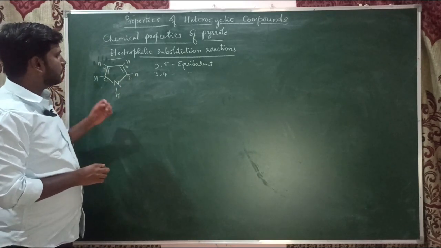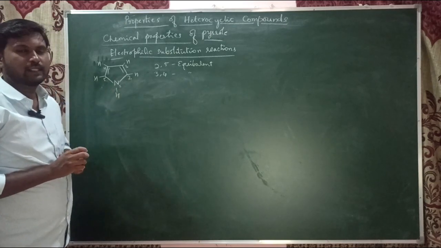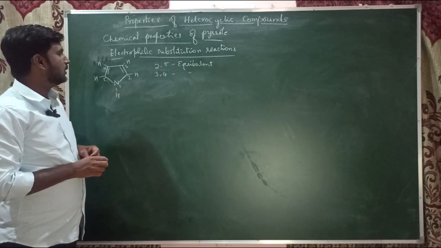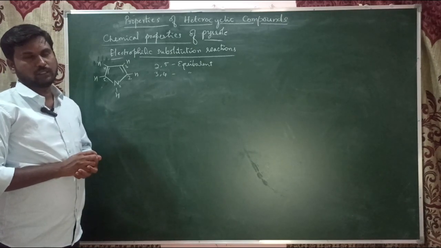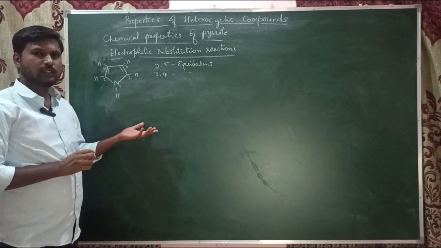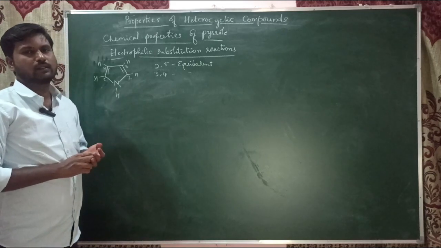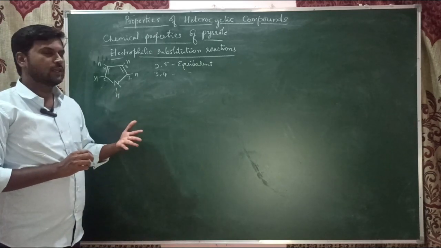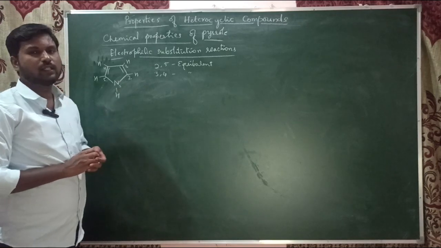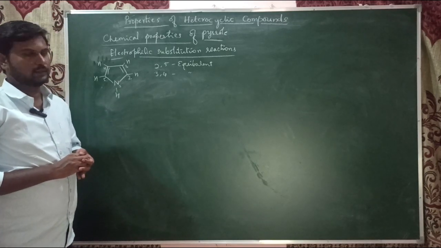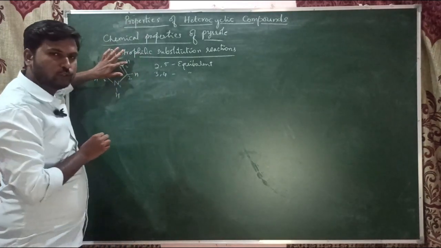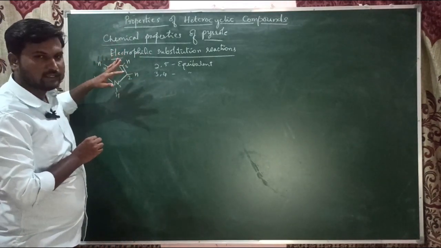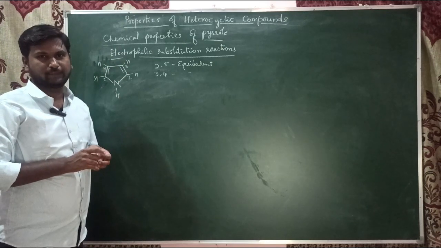Now we have to find out whether the 2nd position or the 3rd position is more reactive towards the electrophilic substitution reaction. The position which gives the more stable compound is the priority position for electrophilic substitution. As you know, one of the hydrogens has to be removed or replaced by the upcoming electrophile.